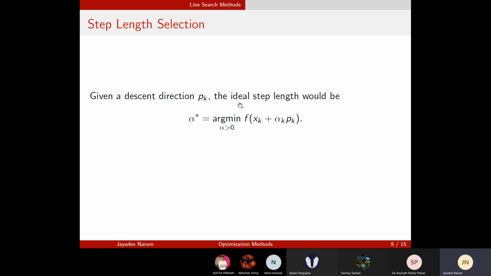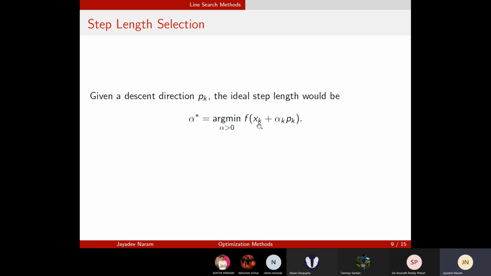So one could arguably say that the ideal thing, given this direction, is xk plus alpha k pk. Okay, here there should be a k here, I missed it. So xk plus alpha k pk is a ray from xk in the direction pk, and as alpha k scales, we move along the ray.